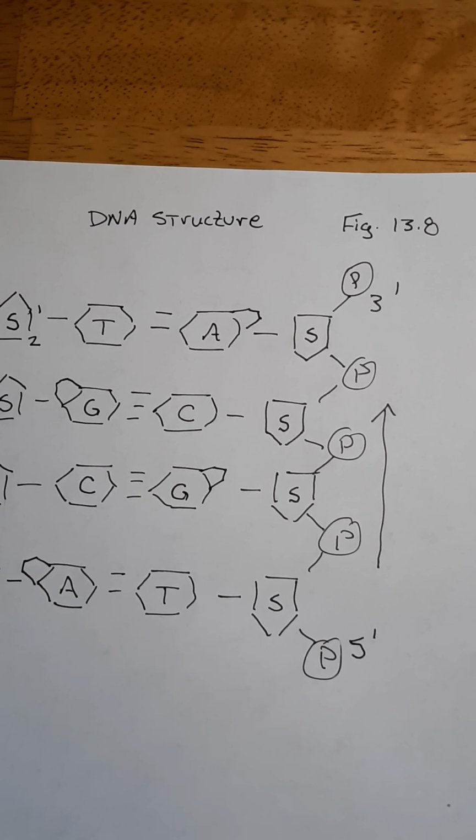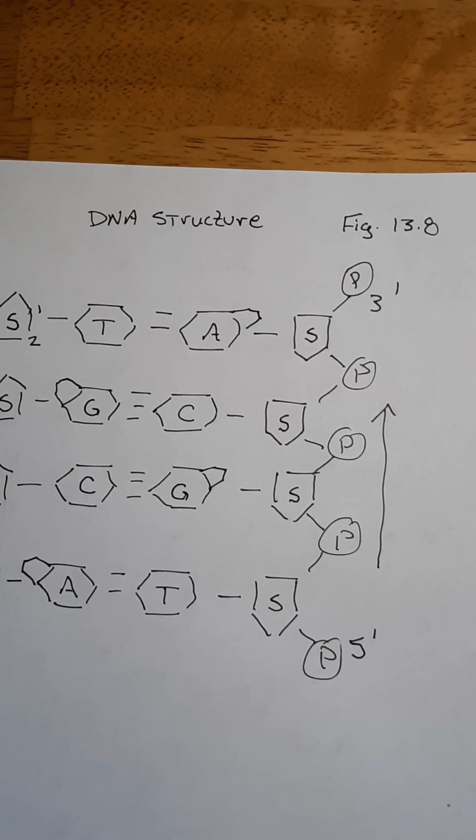Let's go ahead and label these structures. So those are our hydrogen bonds. This is a nitrogen base. This particular one happens to be thymine, which indicates that this is DNA.